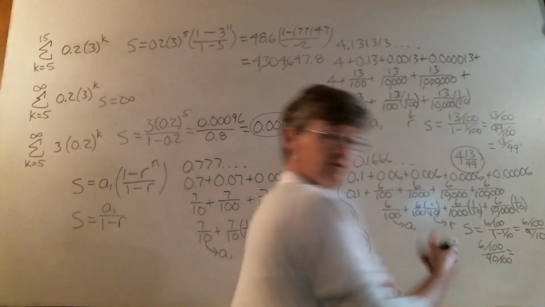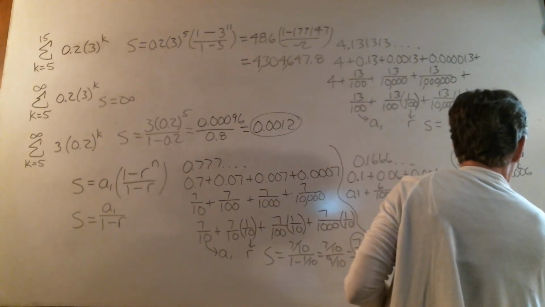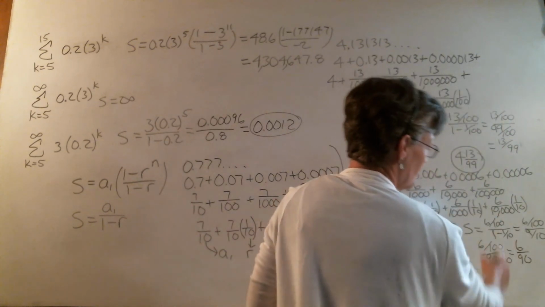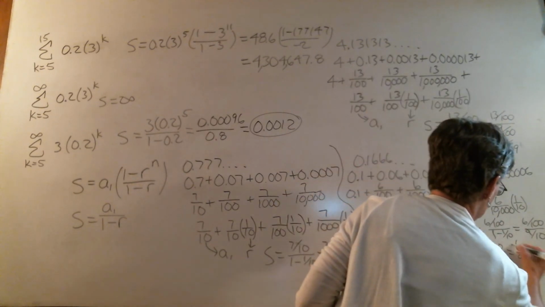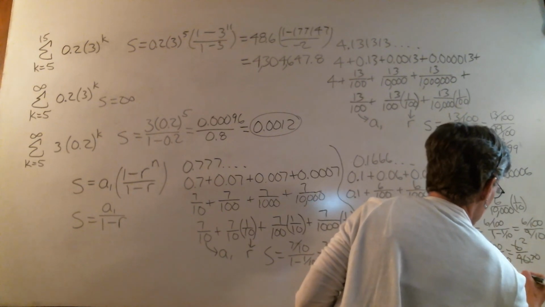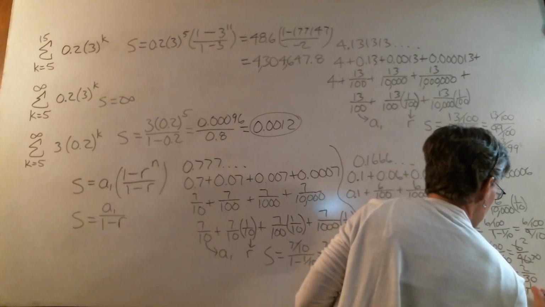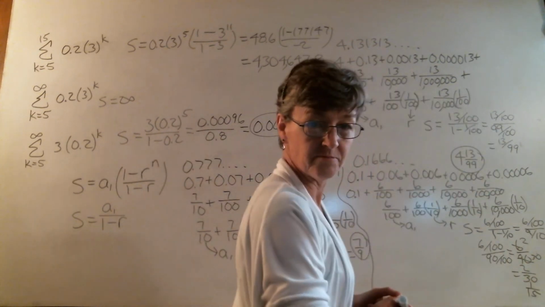And the hundreds are going to go away, and I'm just going to have 6 over 90. Well, 3 goes into 6 2 times and into 90 30 times. So that's 2 over 30, which is really just 1 over 15.